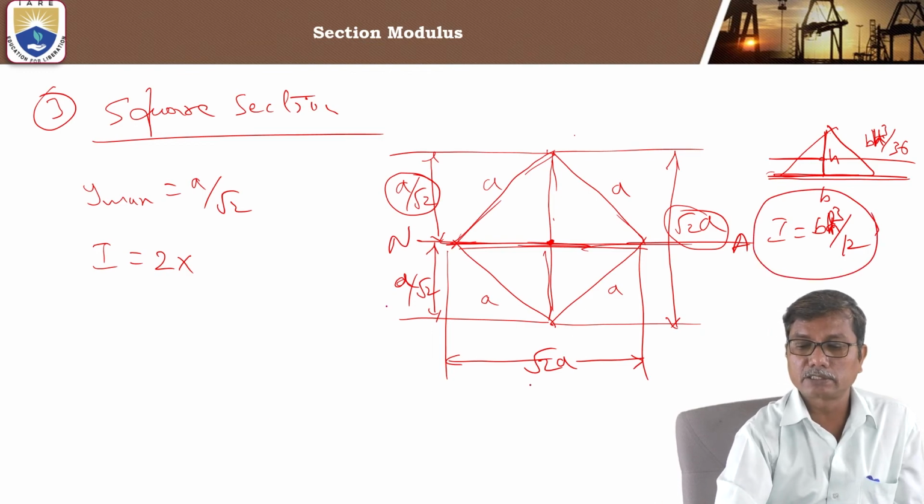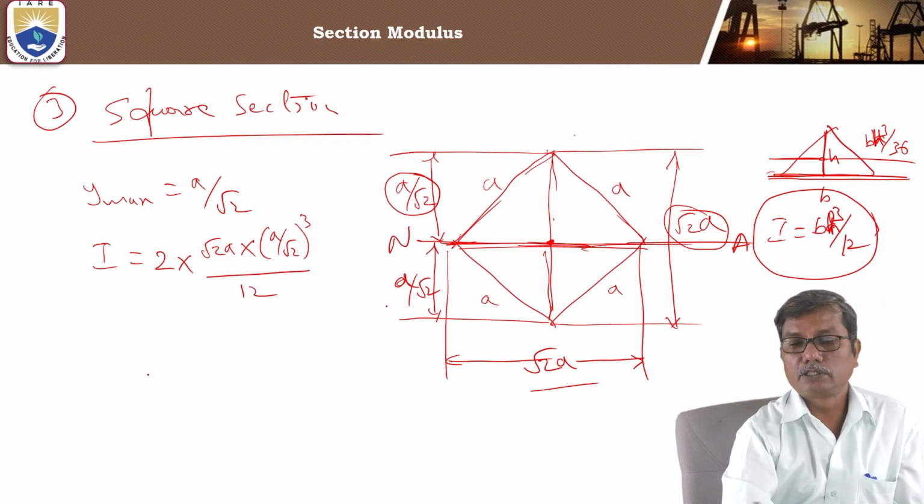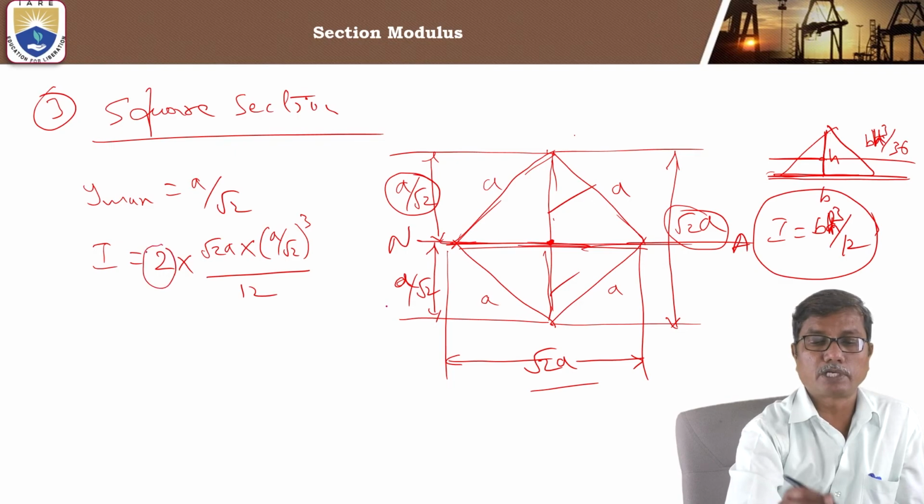What is the base? Root 2 a, and h is a by root 2. b h cube by 12 is for one triangle, so for two triangles it is multiplied by 2.